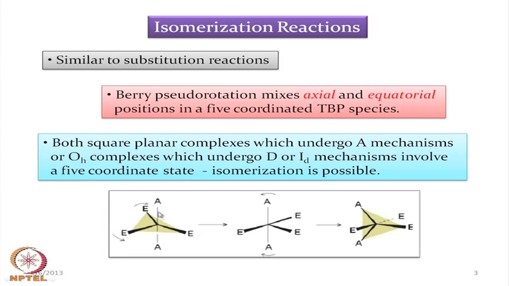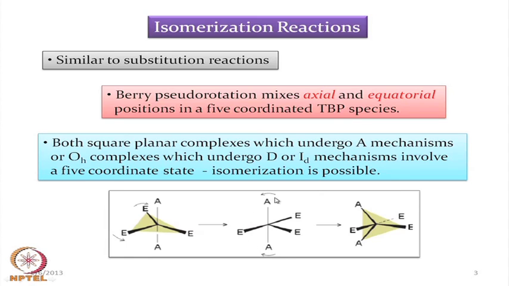So, this is basically the corresponding trigonal bipyramidal geometry, and if these two E move from this side to that side, we get basically a typical square pyramidal geometry where this A, this E and this A and this E make the square plane.